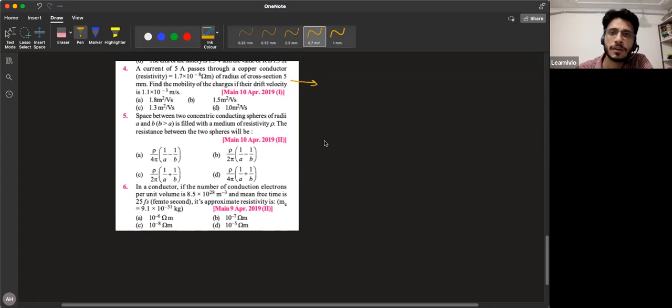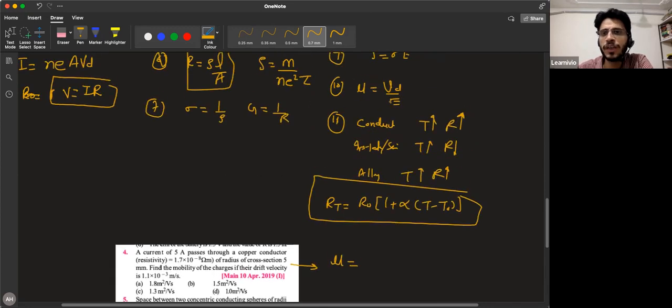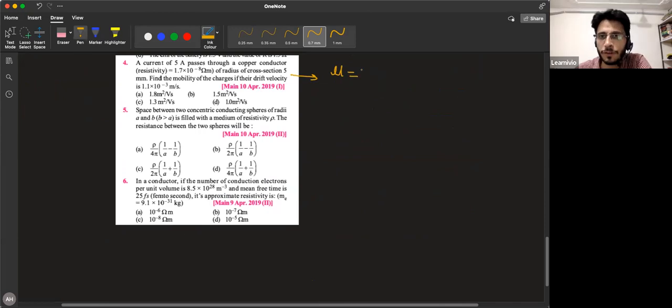See, what is the expression of mobility? Mobility we just have written, it's Vd by E, drift velocity per unit electric field. So see how to think. This is mobility. Drift velocity is given, but electric field is not given. You need the electric field. So first of all, just see what quantities are given.